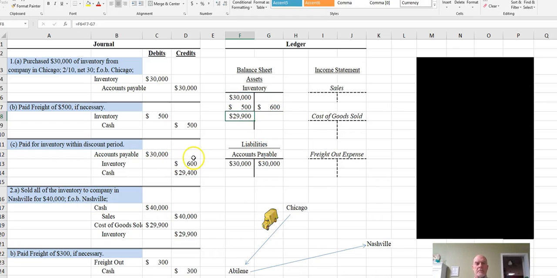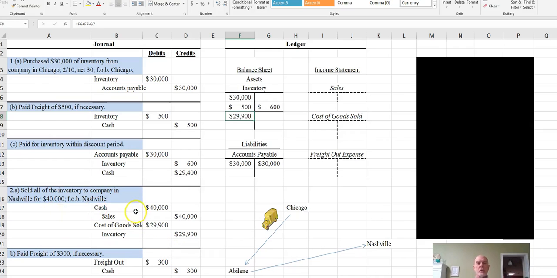And then, again, suppose we had bought 1,000 items. Originally the cost was $30 a piece. Now the adjusted cost is $29.90 a piece. We would need to know that if we just sold one item or two items or whatever. But suppose we sold all of it to a company in Nashville for $40,000.